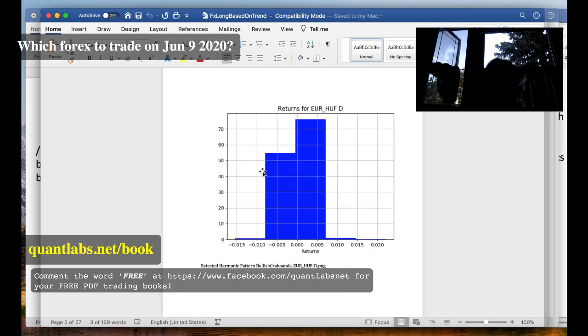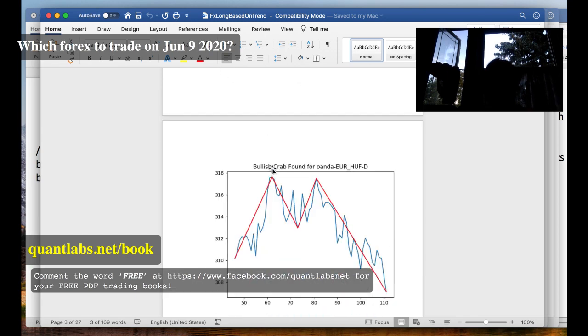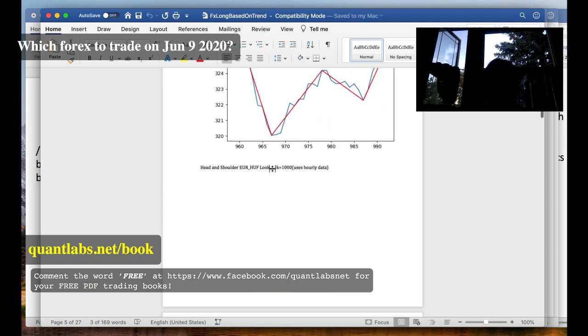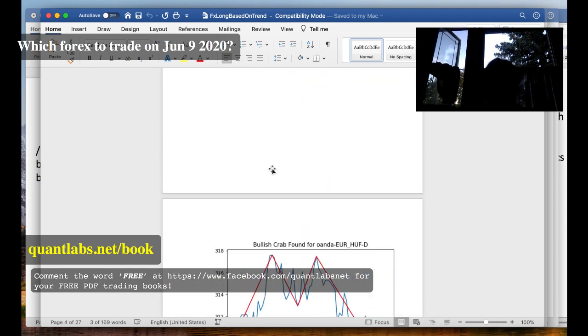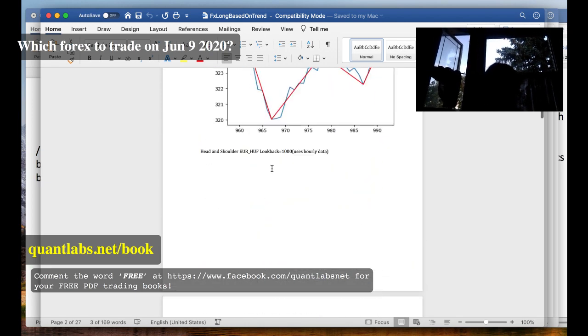So it looks more negative, bullish there, bearish. So what other signals have we got? Nothing else to see here, as they say.